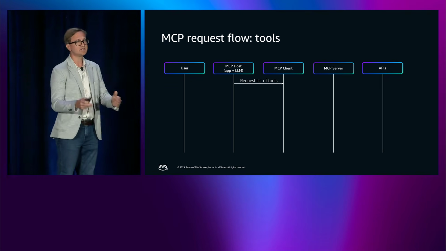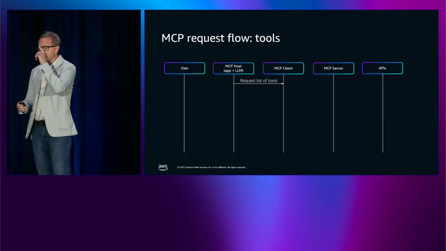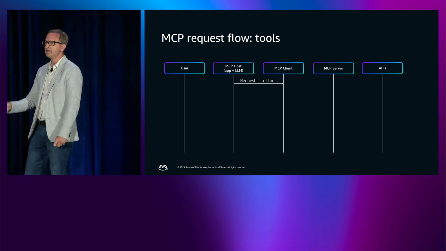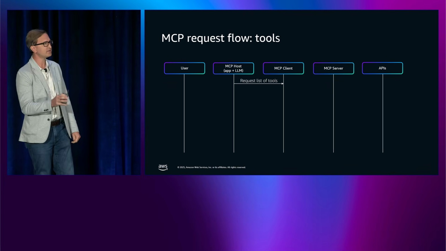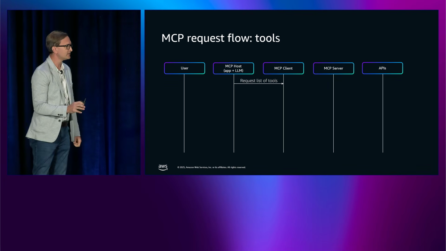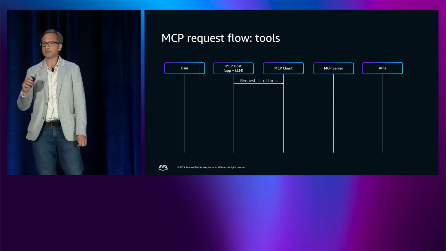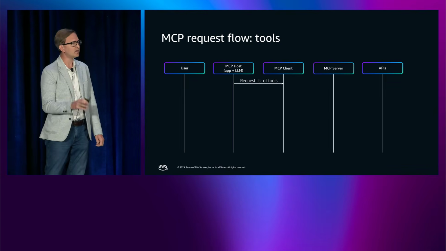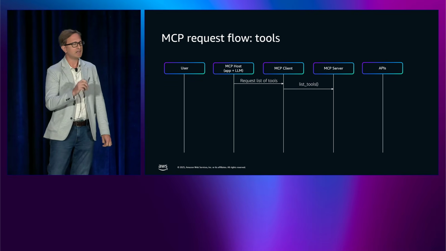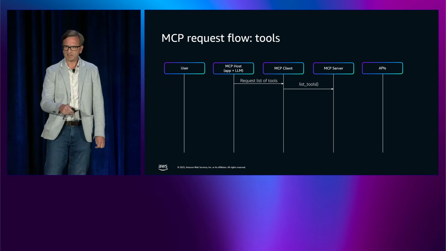So when you launch an application that's using MCP, the first thing that application is going to do is it's going to be configured with a list of MCP servers it knows about. And so it's going to go ahead and query for all of the different tool definitions that are available on that MCP server. And it's going to do that through the MCP client.